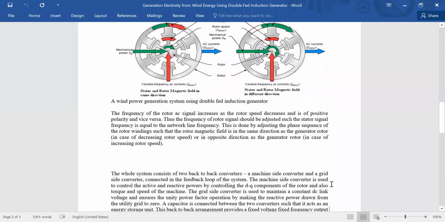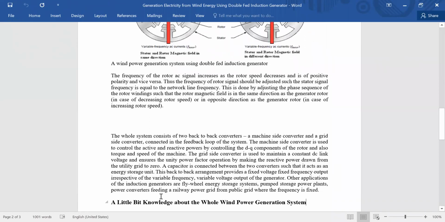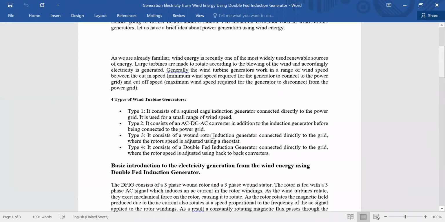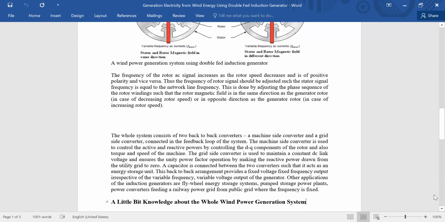Here, when we talked about the doubly fed induction generator, we talked about the back-to-back converters. Here we see the back-to-back converters: the rotor fed induction generator is connected directly to the grid, where the rotor speed is adjusted using back-to-back converters.